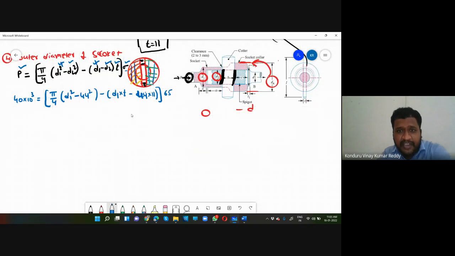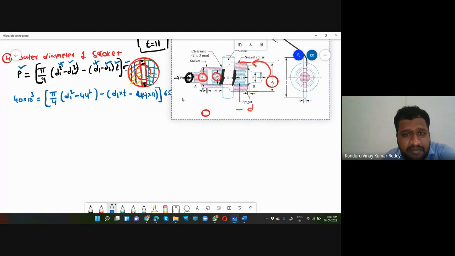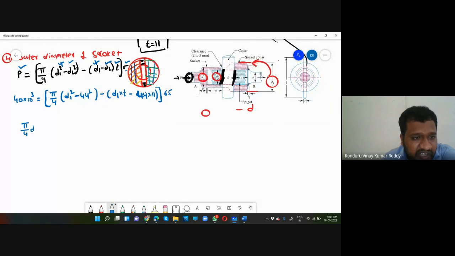Just simplify it. First I will write pi by 4 d1 square minus pi by 4 into 44 square minus d1 into t.